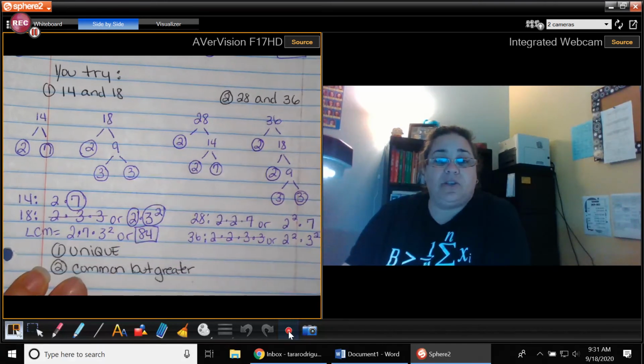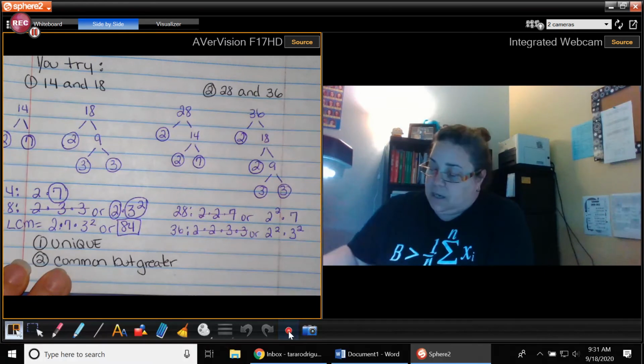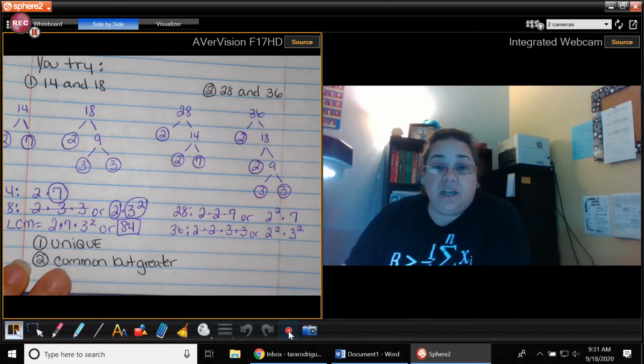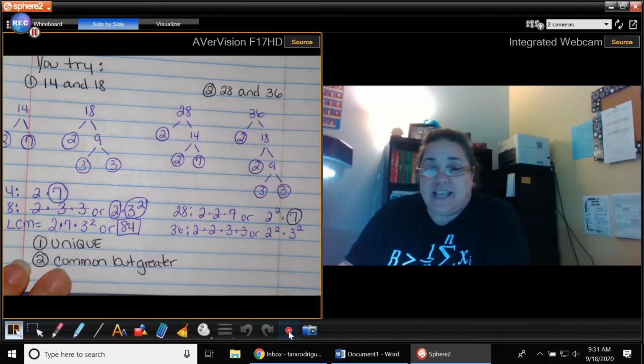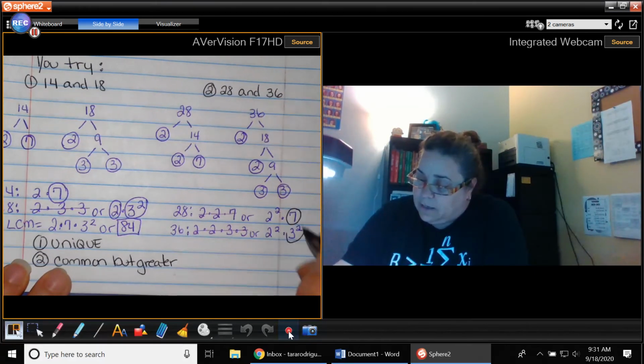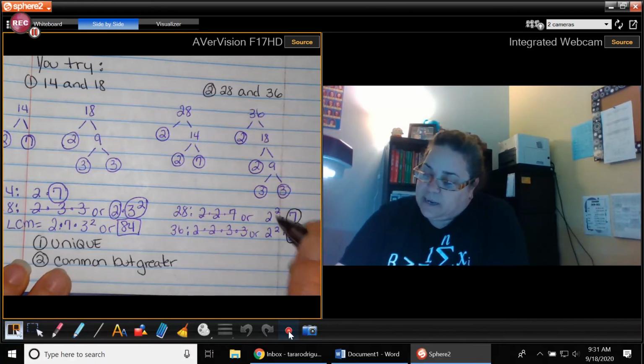Okay, so first I'm looking for unique factors. Okay, so unique prime factors, I've got 7 is definitely unique, and then 3 squared is definitely unique, and then 2 squared is the same as 2 squared.